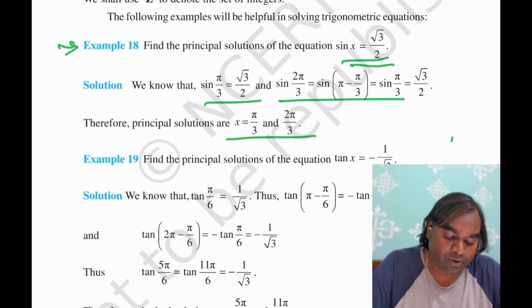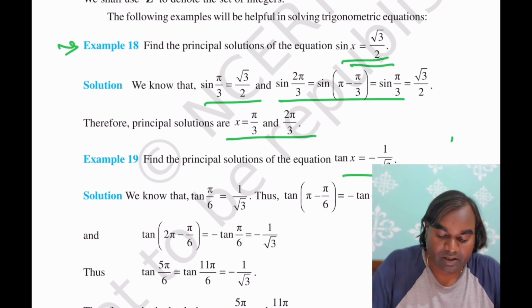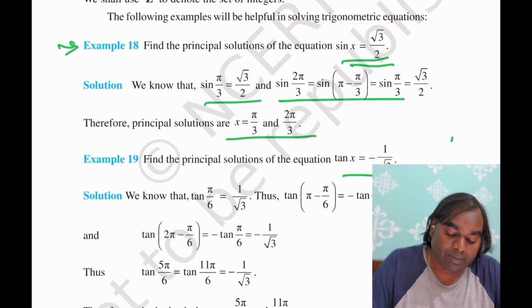Find the principal solutions of the equation tan x is equal to minus 1 by square root 3. You know that tan pi by 6 is equal to 1 by square root 3. Therefore, tan(pi - pi/6) is equal to minus tan pi by 6, which is minus 1 by square root 3.